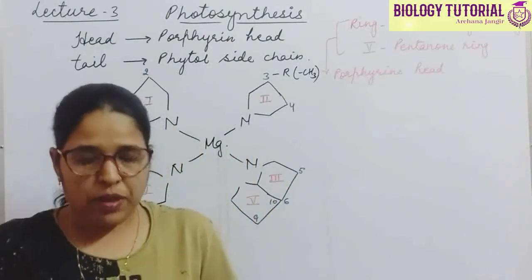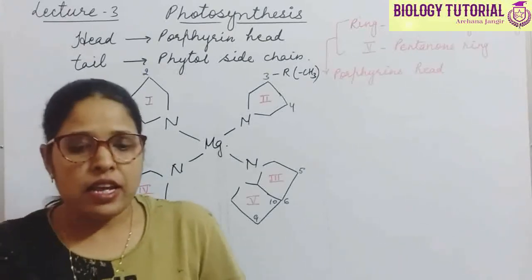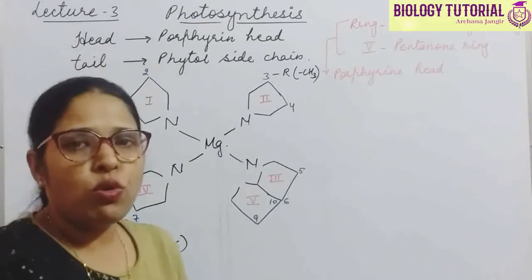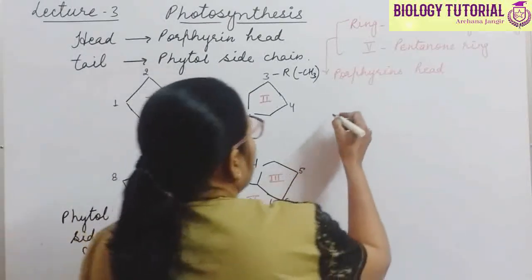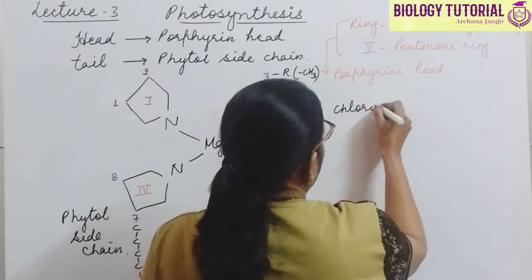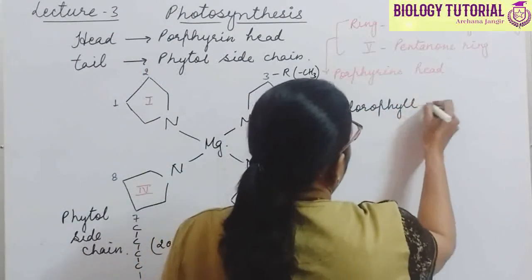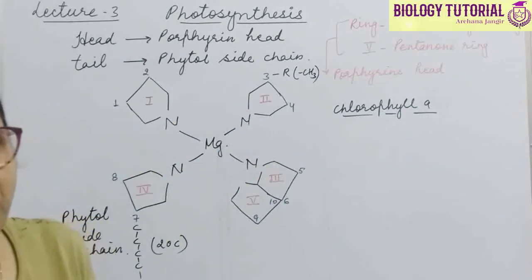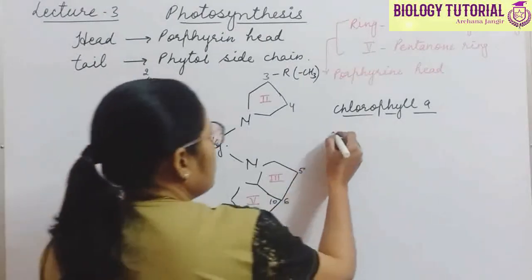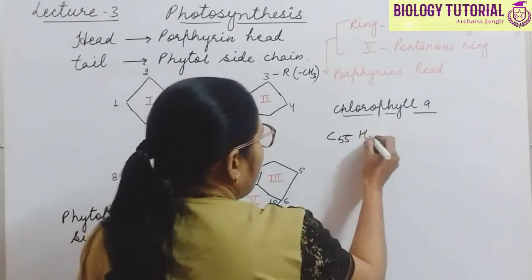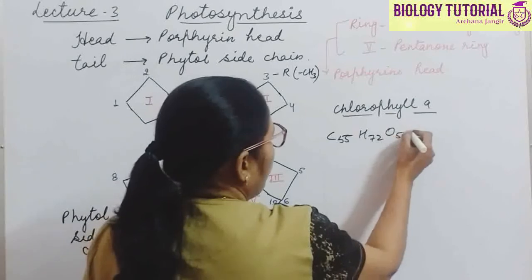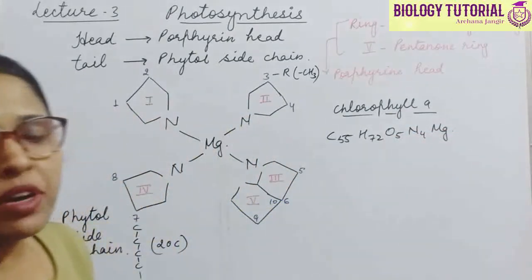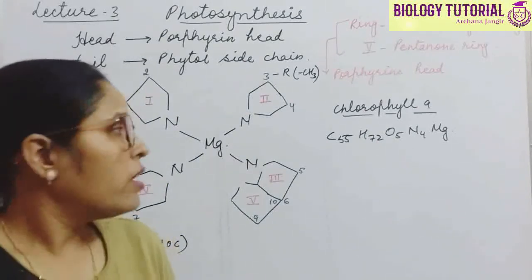So here the chemical formula of chlorophyll A is C55H72O5N4Mg. This is the chemical formula of chlorophyll A.